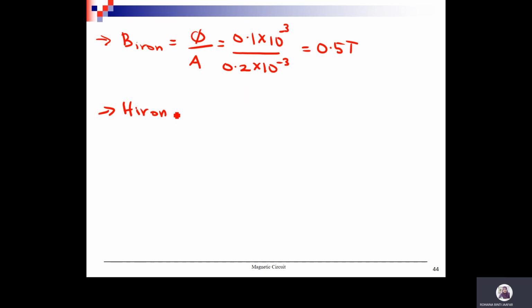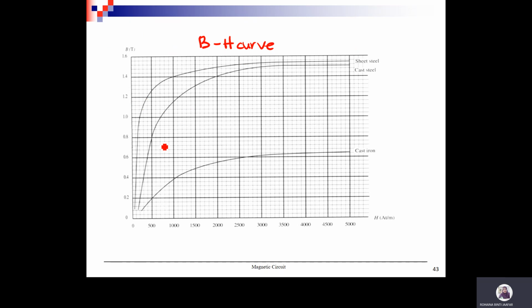To get the H iron, you have to refer to the BH curve. You already have the value of B, 0.5. You have to identify which material; from this example, we use cast iron. So you just refer to this curve.